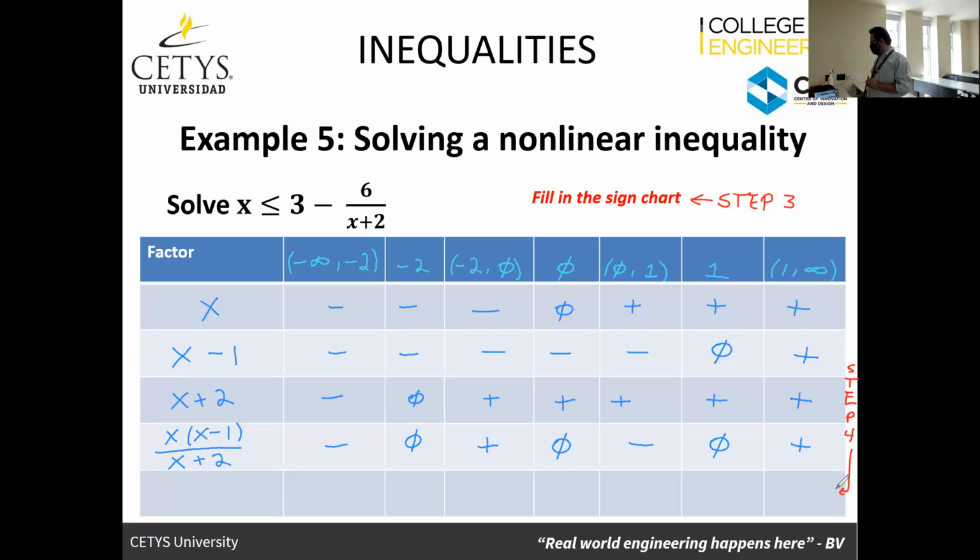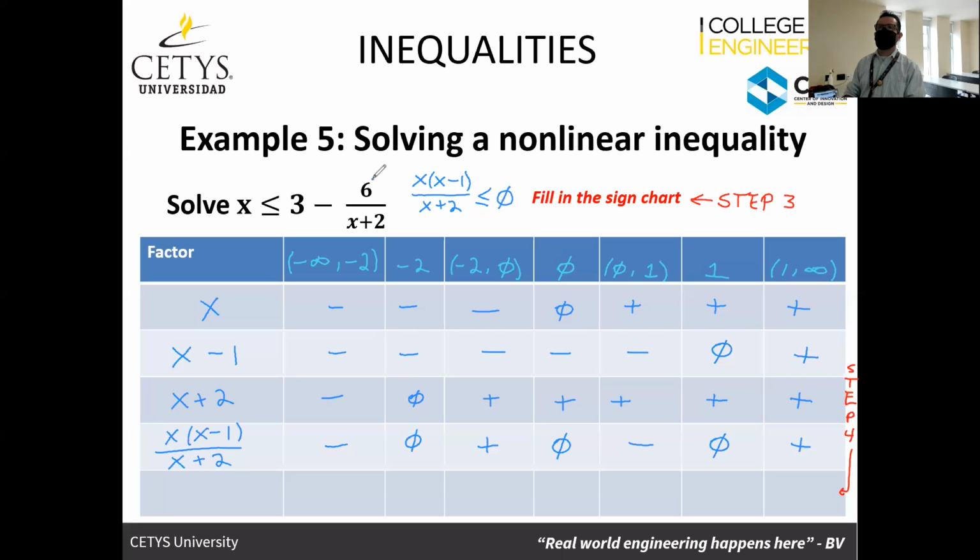And for the evaluation, we're going to look at this expression here. I'm going to write it down here on top, just to remember that we're using the corrected expression. So what we're evaluating is x multiplying x minus 1 divided by x plus 2, and this is less than or equal than 0.